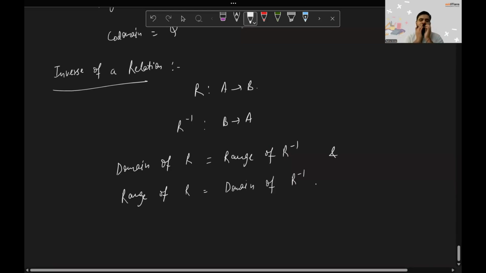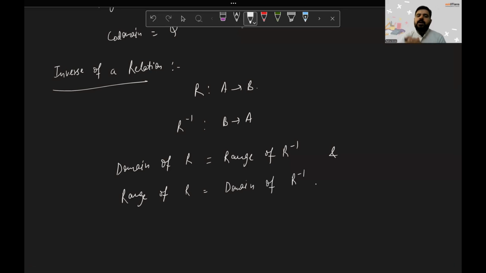So this is also something that you can figure out from here. If you ever find questions on the inverse of a relation, you don't have to get confused. It's simply that the two sets will change their position. Initially, if the relation is from A to B, the inverse will be from B to A. And the domain and codomain will also be swapped, right? So I hope everything is clear to you from here.